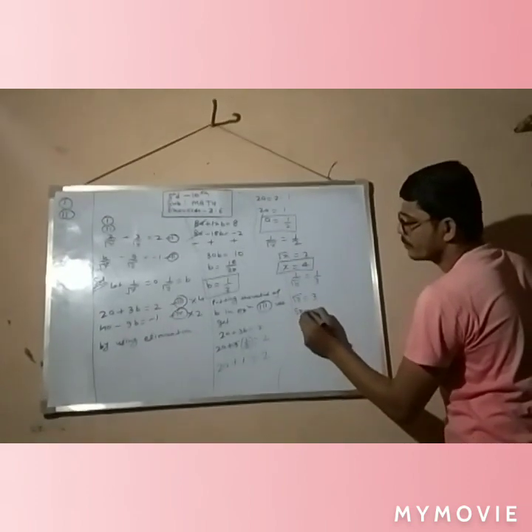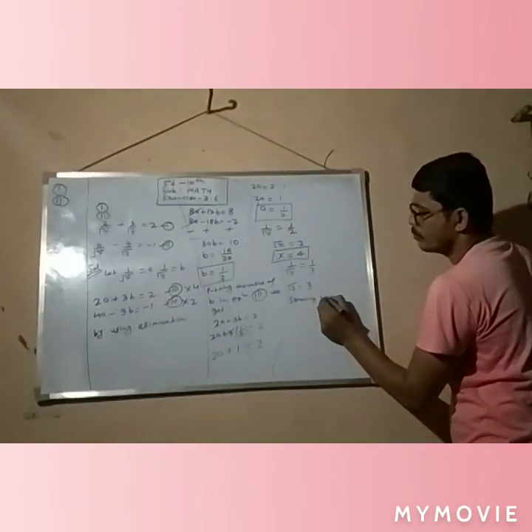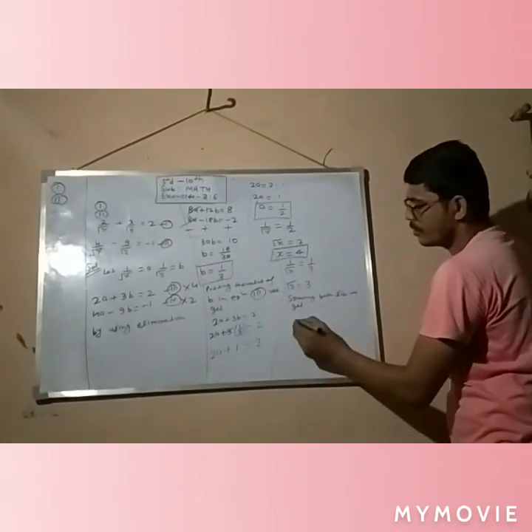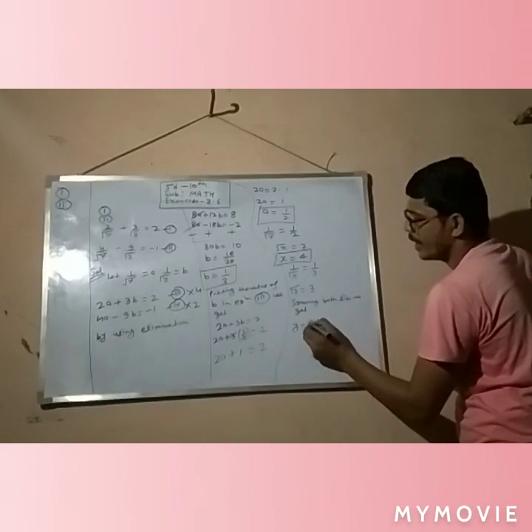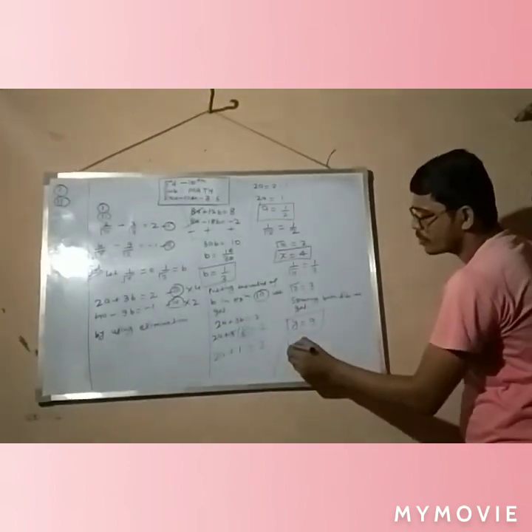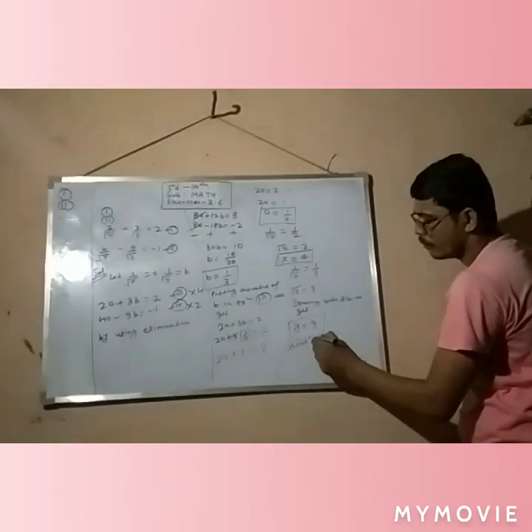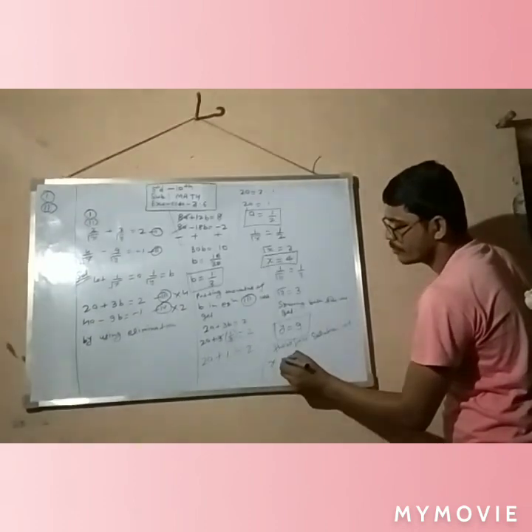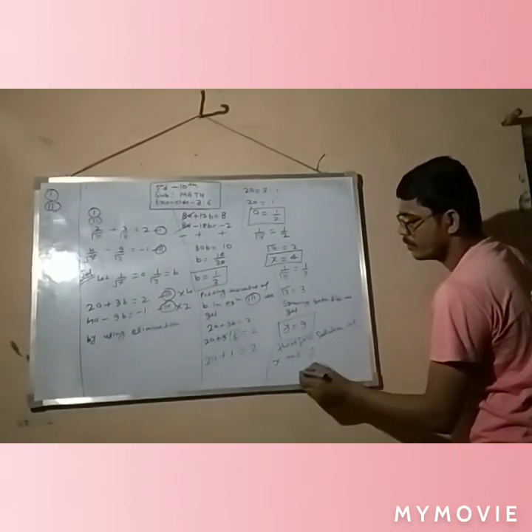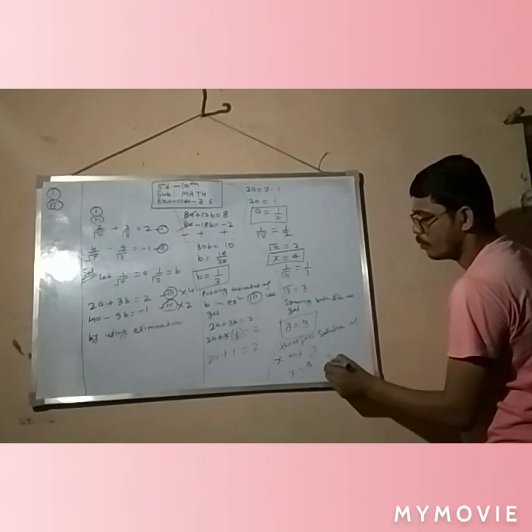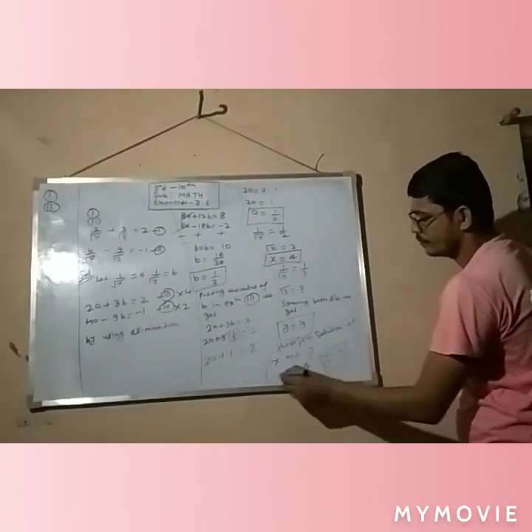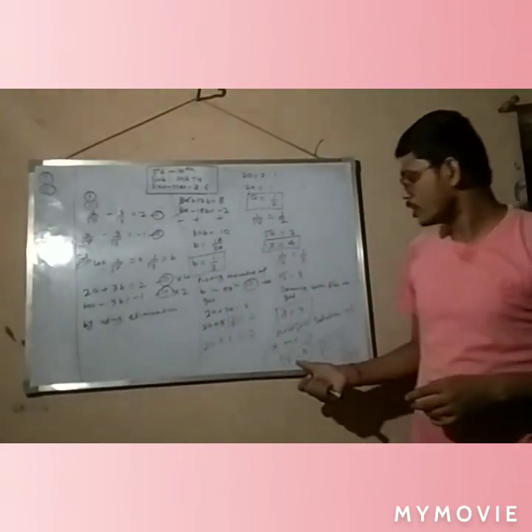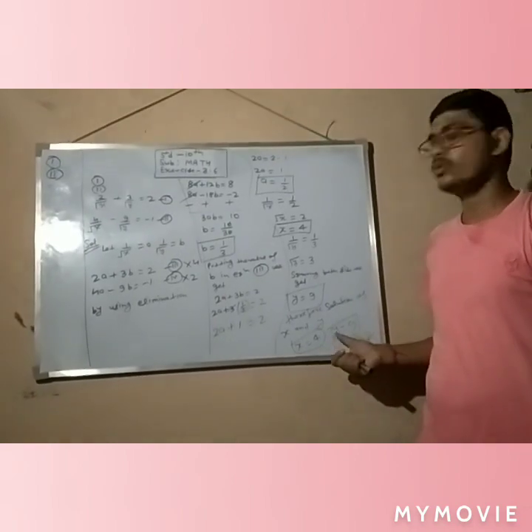Squaring both sides, we get y is equal to 9. Therefore the solutions of x and y are x is equal to 4 and y is equal to 9. Thank you, student. Now this is your answer: x is equal to 4 and y is equal to 9.